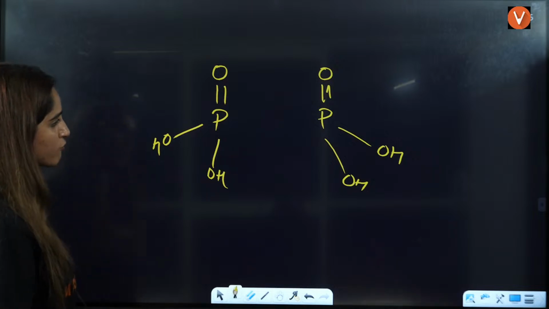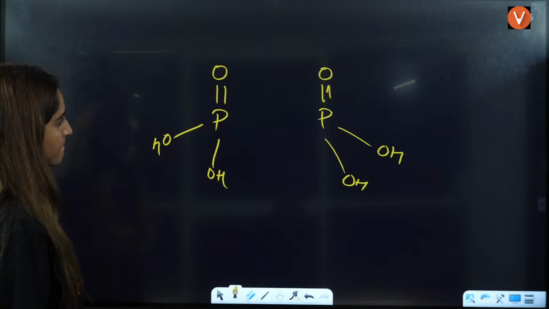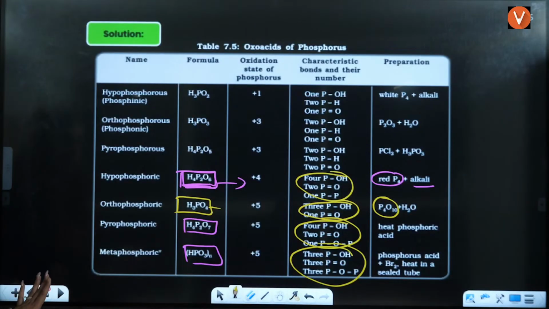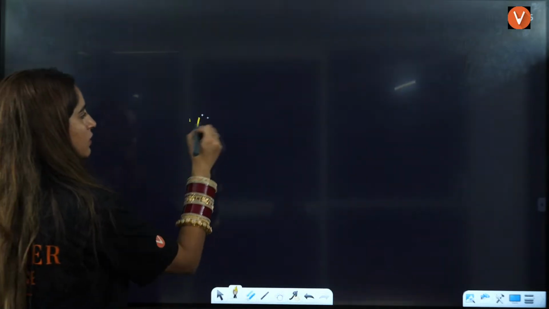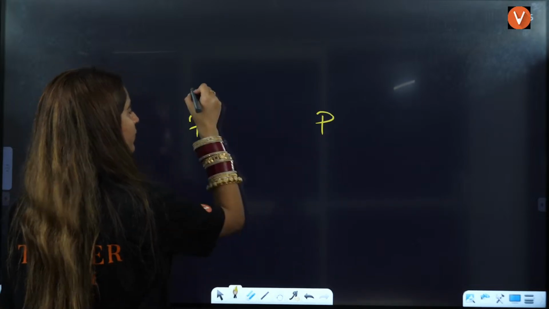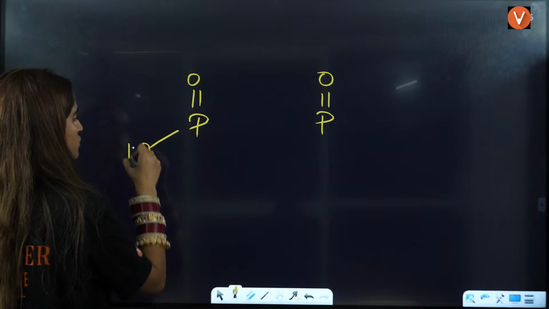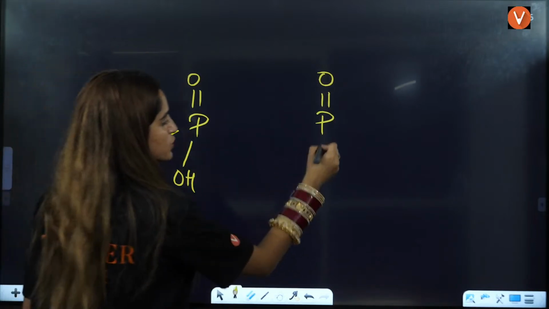So what you have to do, this will not be the structure. It will have a double bond here. 2 P double bond O, 1 P and 4 P-OH. If you see 2 P double bond O, 4 OH. It is not making, I think there is some confusion here, right?